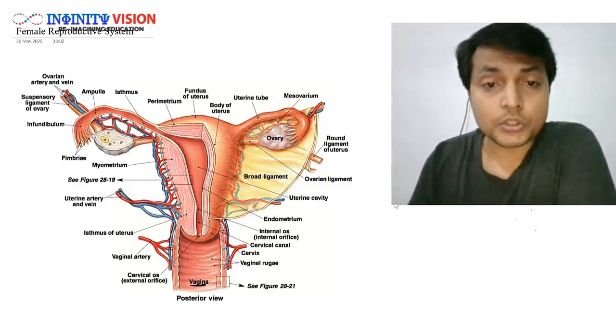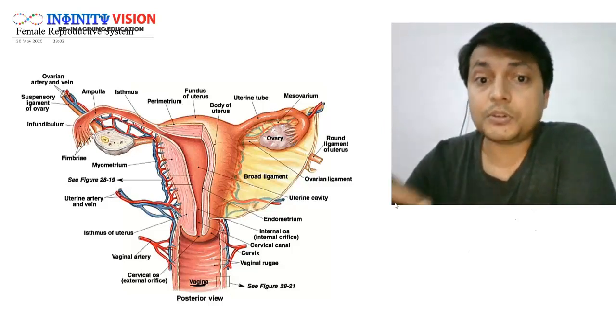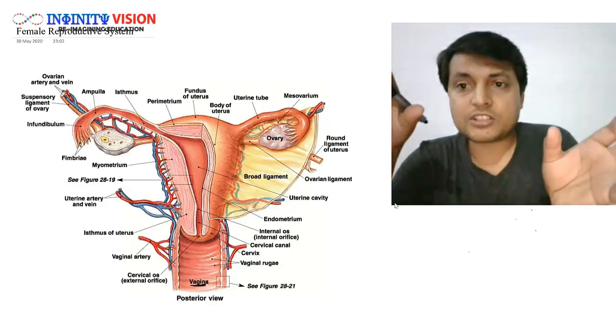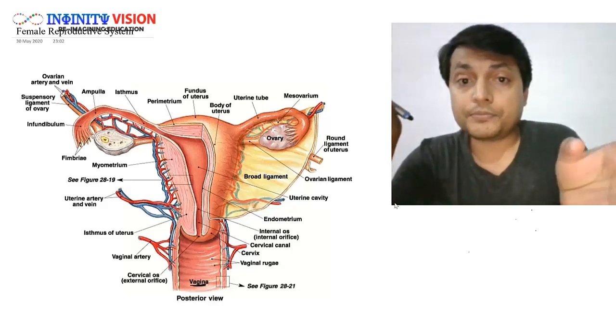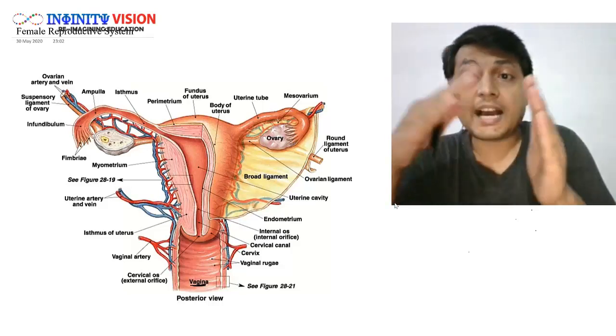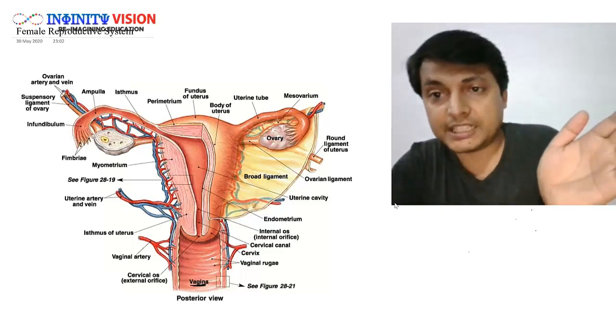So these are the two ovaries. When we talk about the position of these ovaries, can you see they are attached on either side of the uterus, right? They are attached on either lateral side of the uterus, one on the left, the other on the right.